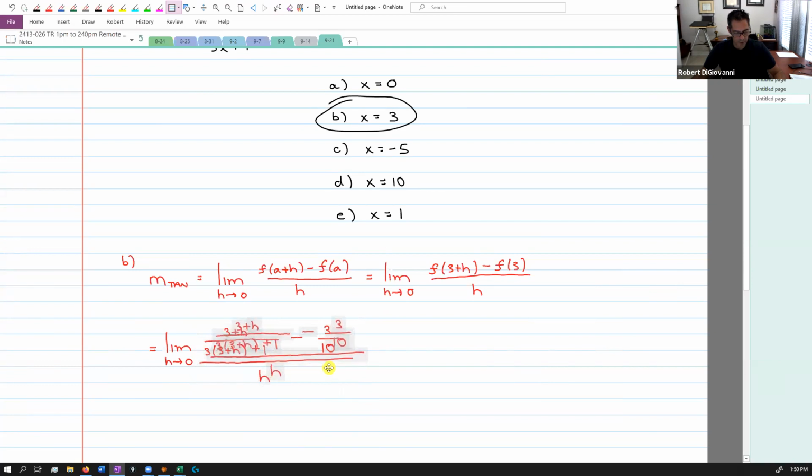Give myself a little bit more space in there. Okay, common denominator. Ready? I'm going to multiply the first fraction by 10 over 10. And then the other fraction, unfortunately, I have to multiply by that ugly thing, the whole thing.